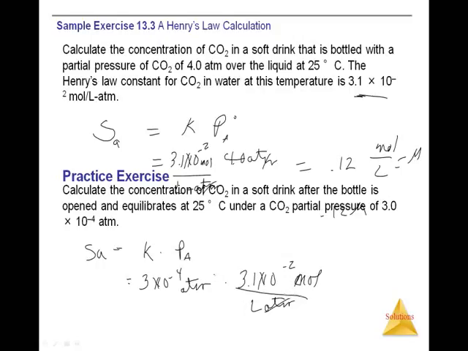Okay, atmospheres cancel out. I'm left with moles per liter. And it's 3 times 3.1, which is 9.3, times 10 to the minus 4 minus 2, which is minus 6 molar.